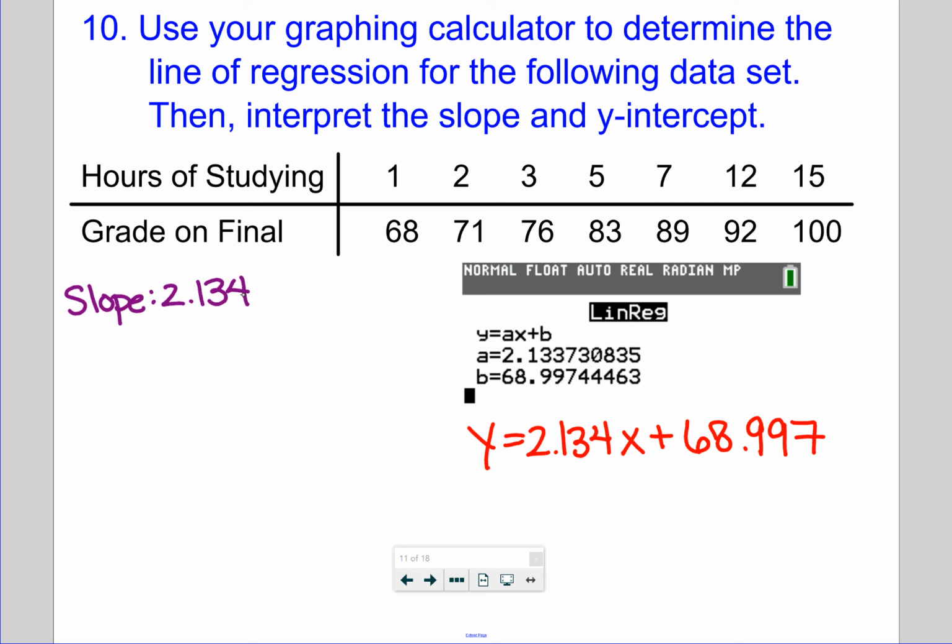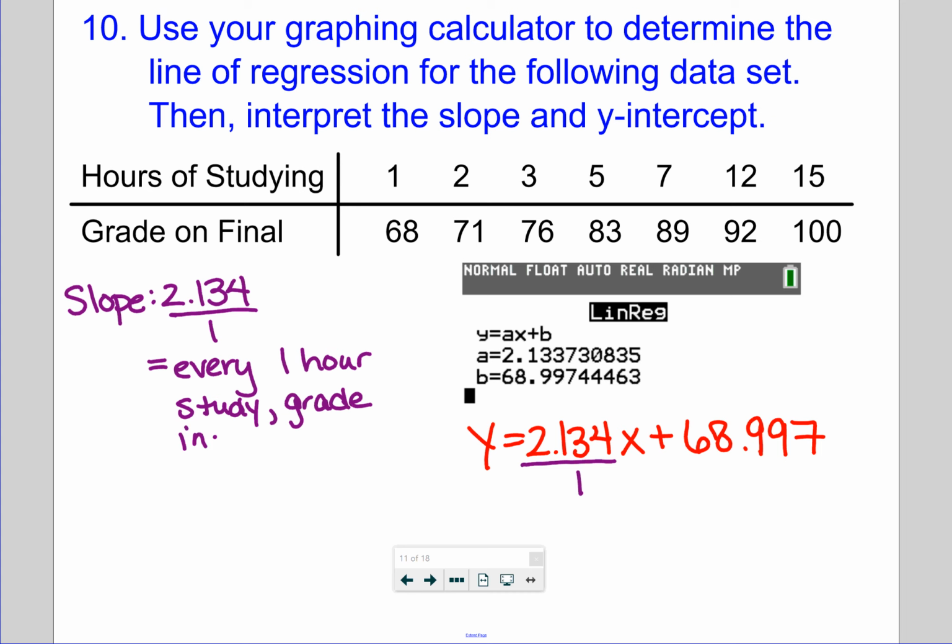So this means, think of it as that over 1 right now, for every 1 hour of studying, our grade will increase by about 2.134 points or percentage. It's not specific here, so we'll say points.